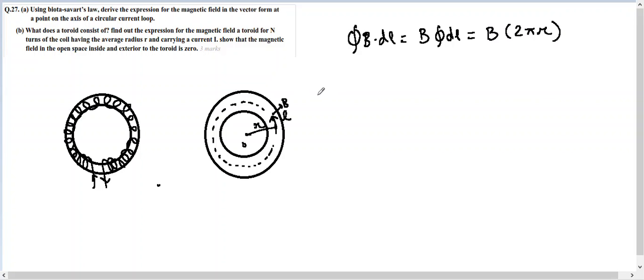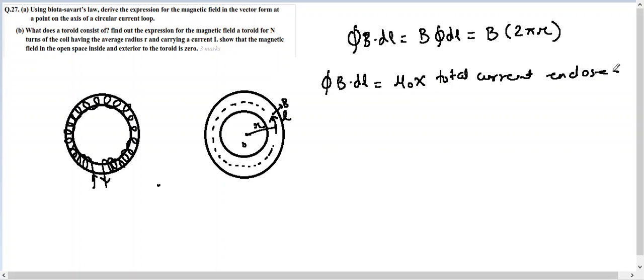Now according to Ampere's circuital law, the closed integral of B dot dl is equal to mu naught times the net current enclosed by the circle of radius r.